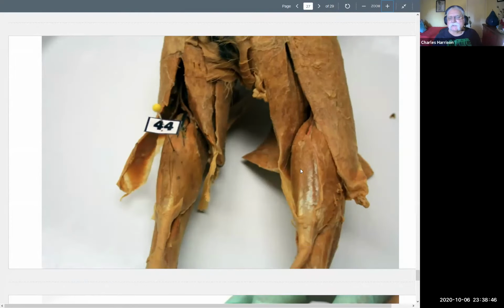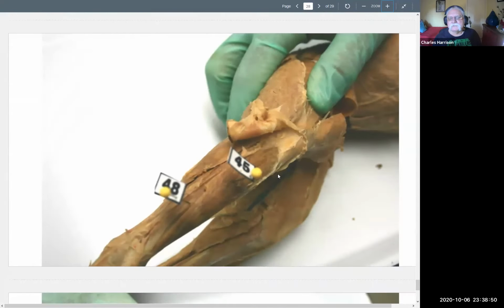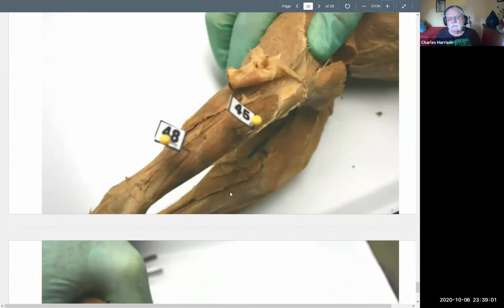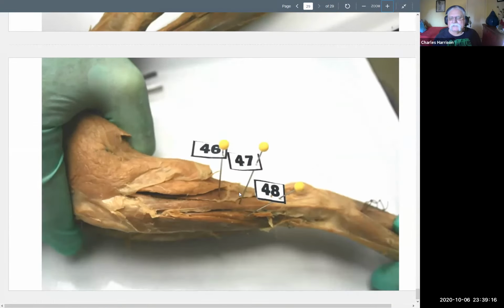Gastrocnemius on the back. On the front, next to the tibia or shin, this is the tibialis anterior. This next muscle is the extensor digitorum longus. This is a nice one.